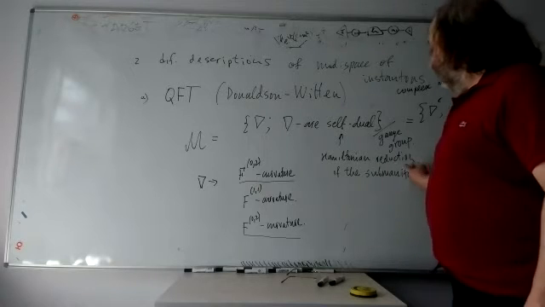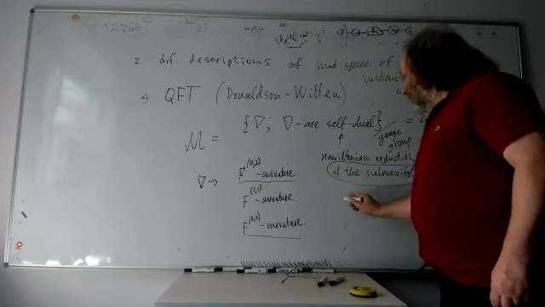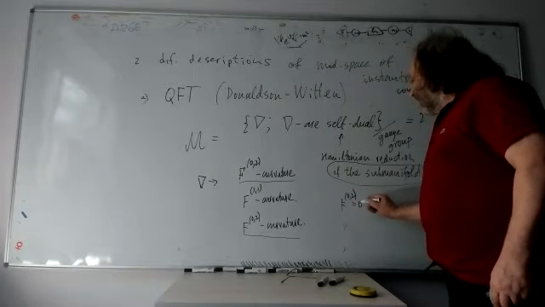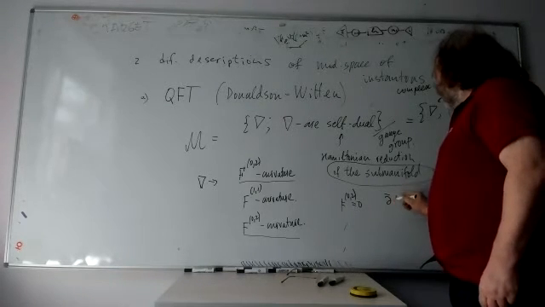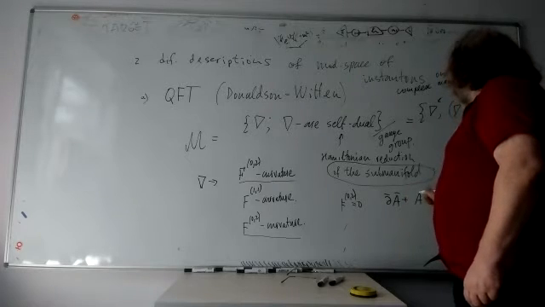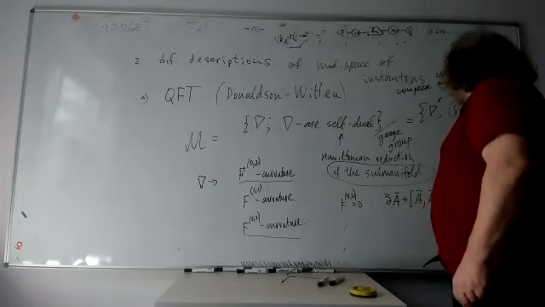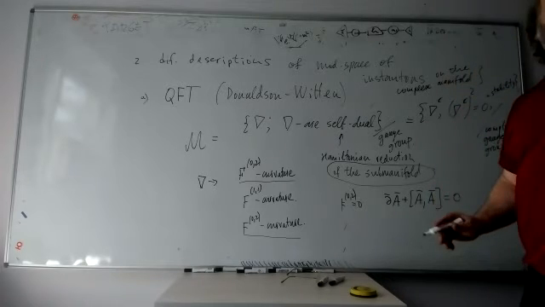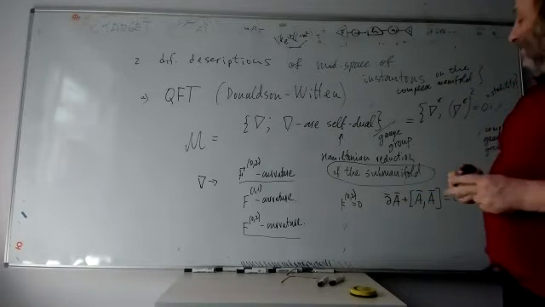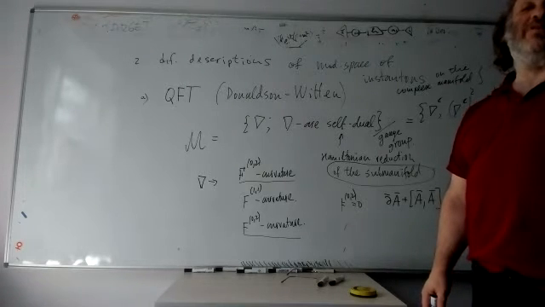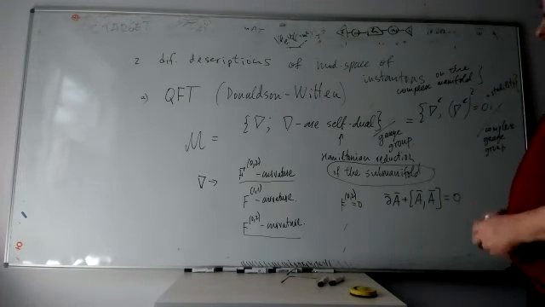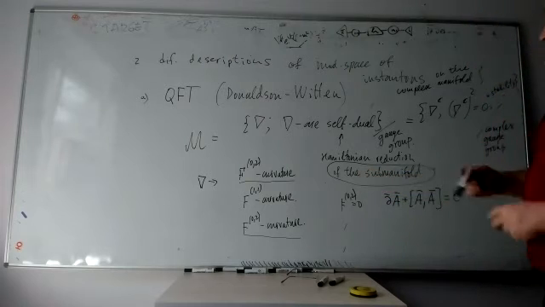So what is a submanifold? This submanifold is given by the condition F02 equals 0. So it is a set of algebraic equations. Locally, it is this. And as we discussed last time, A bar should be considered as a holomorphic coordinate on the space of connections. We discussed that. So this is a submanifold.